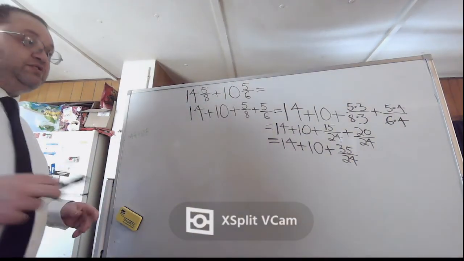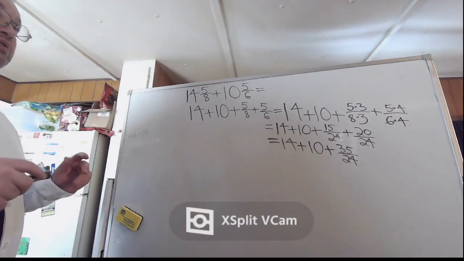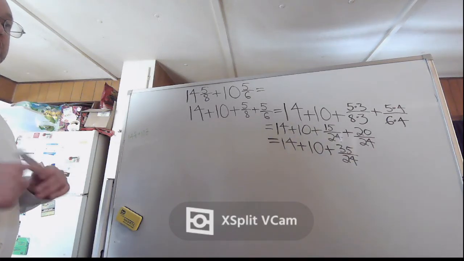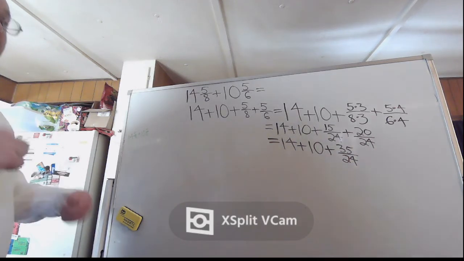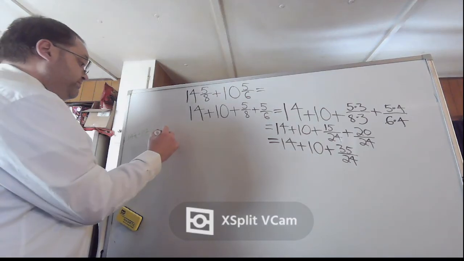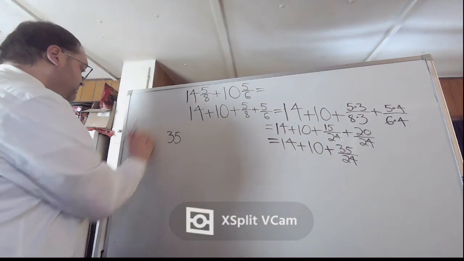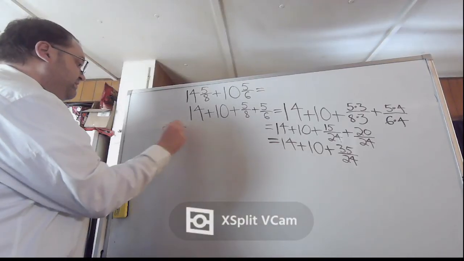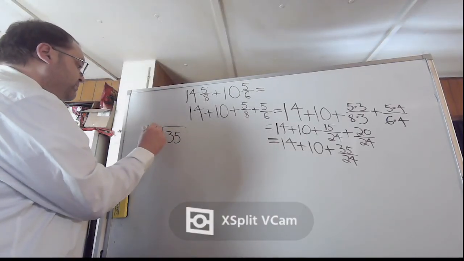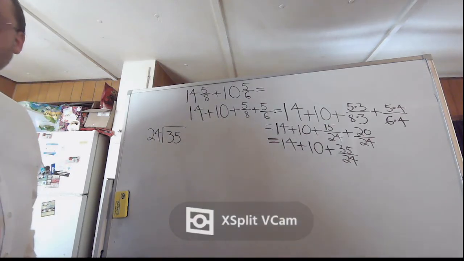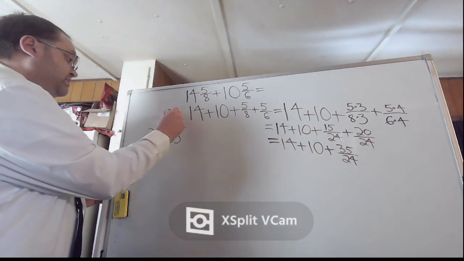But we want the answer as a mixed number because we have an improper fraction. So we need to figure out 35 divided by 24. So let's work that out on the side. I can erase this here. 35 divided by 24. 24 goes into 35 how many times? Once.